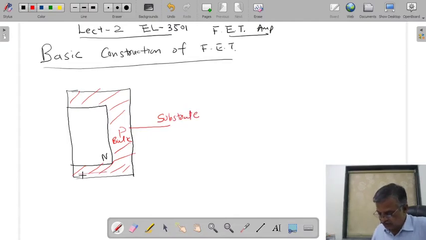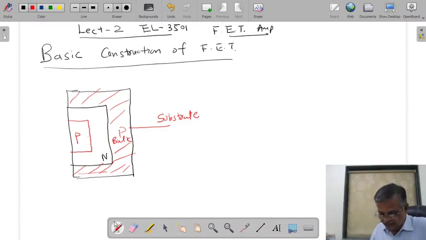So you diffuse your N-type material. This is N-type material. In this N-type material, heavily doped P-type concentration is diffused. So this is your heavily doped P-type material diffused into N-type.